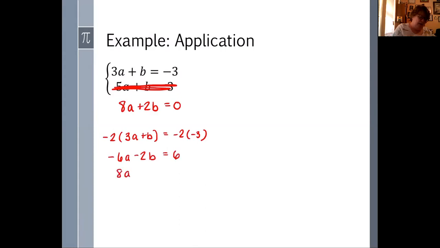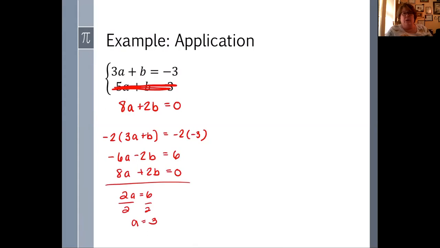I'm going to add that to the second equation and eliminate B. And I get 2A equals 6. Divide both sides by 2. And I get A is 3. So the coefficient on the x squared in my quadratic function is the number 3.